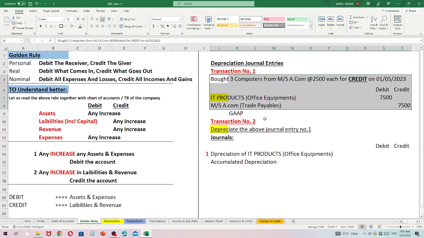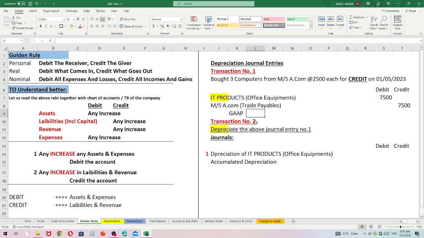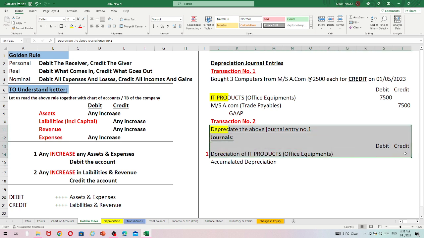Now the question: what will happen to those three computers after they came into the assets? We need to depreciate those three computers for a given period. As per generally accepted accounting principles all over the world, this has to be shown on a monthly basis in the financial statements.